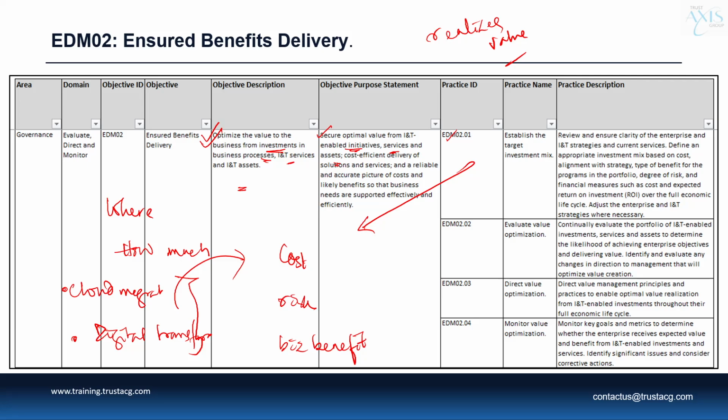You can also measure the percentage of IT investments that are based on cost, strategic alignment, and financial measures. Like, say, for an example, the cost and return on investment over the complete economic cycle of that particular investment that was being done, and what is the degree of risk and the type of the benefit for the programs that are enclosed within that particular portfolio, be it an application portfolio or an infrastructure portfolio, right?